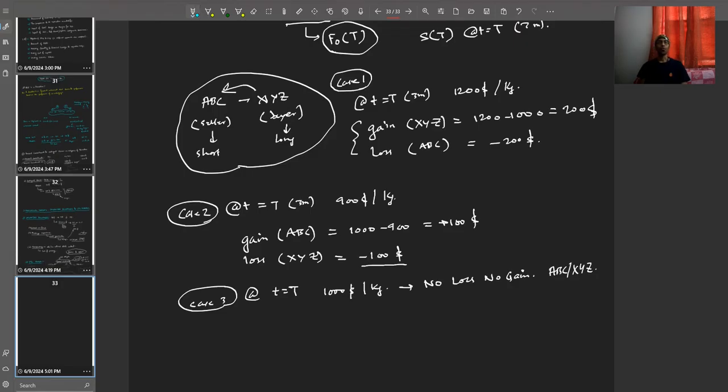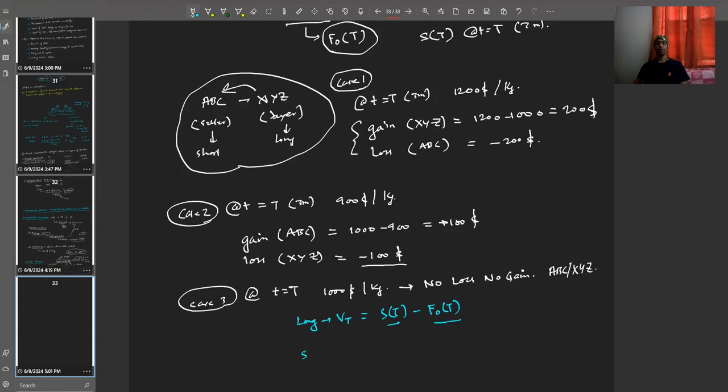The value to the long side of a forward contract at maturity is given by Vt equal to St minus F0t. St is the market price at maturity of the underlying, right? And F0t is the contract price at maturity of the same underlying.